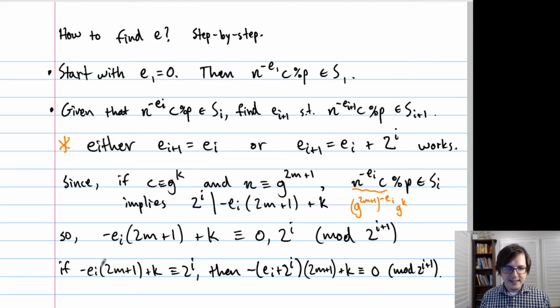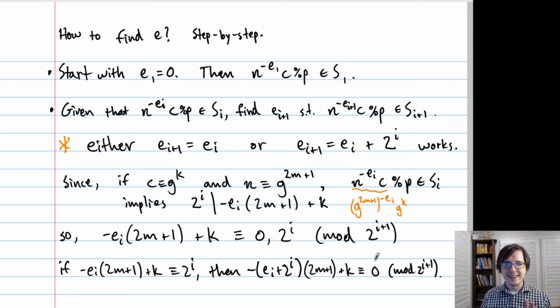Then what we can calculate is that if we add 2 to the I to e_I and run through everything here, there's this 2 to the I times 2 in there. That will cancel out mod 2 to the I plus 1. And then there's this 2 to the I times 1, which will give us a 2 to the I, which will perfectly cancel out the remaining expression, after we multiply it all out.